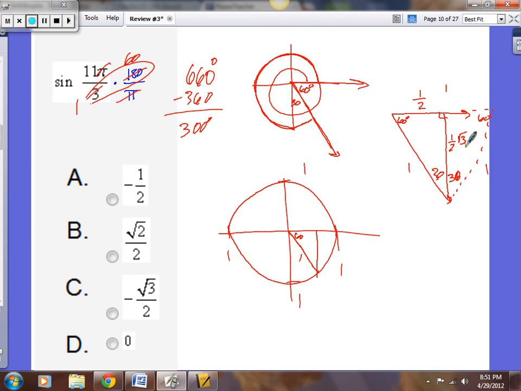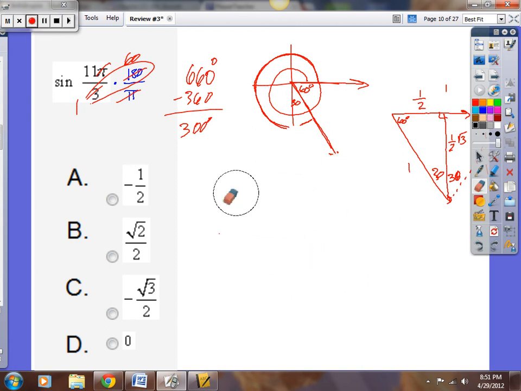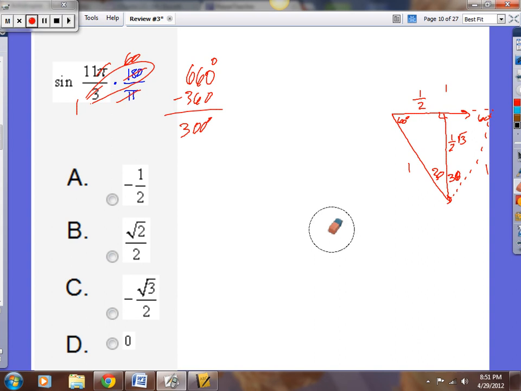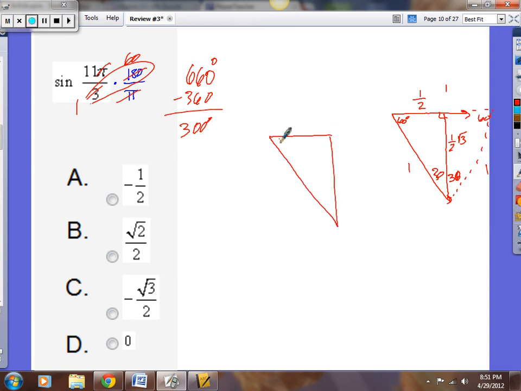Okay, now here's my 3 sides of the 30, 60, 90 triangle I'm looking at. Okay, this guy, well, I need to erase something. This guy right here, on the unit circle, so I've got, that's 60, that's 30, that's 1, that's 1/2, and this is square root of 3 over 2.